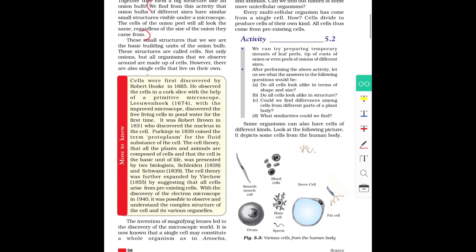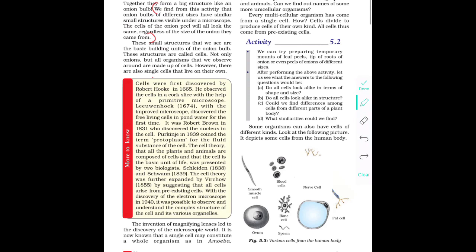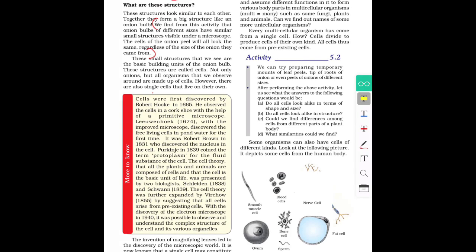Now let us see what contribution other scientists gave regarding the cell. The study of cells is called cytology. And these scientists who studied cells used different kinds of microscopes with the advancement of the microscope. The first cell, as we already studied, was observed by Robert Hooke in 1665.